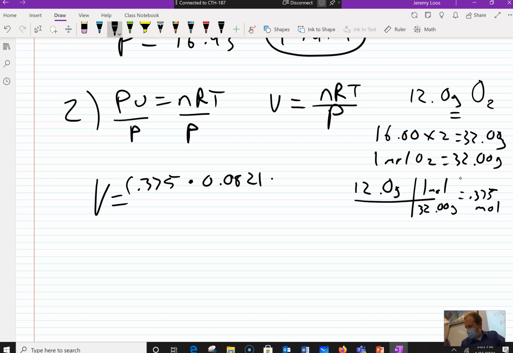Temperature, I do need to convert my temperature. It's 25 Celsius, so I would go 298 Kelvin. Add 273 to that. And then divide by the pressure, which is 0.520. So the hardest part, really, for most people, is just making sure all the units are correct and getting all that figured out.